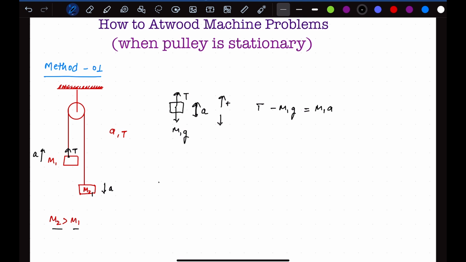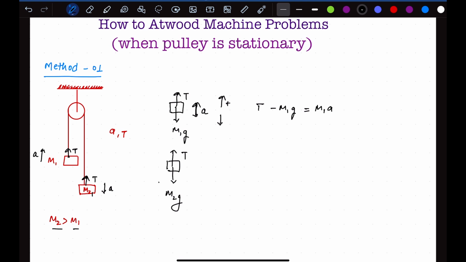Same thing we can do for m2. m2g is downward and the tension T is upward. The tension in the complete string will be the same T only. Why? Because this is an ideal pulley which is frictionless and this is only one string, so tension is not going to change.